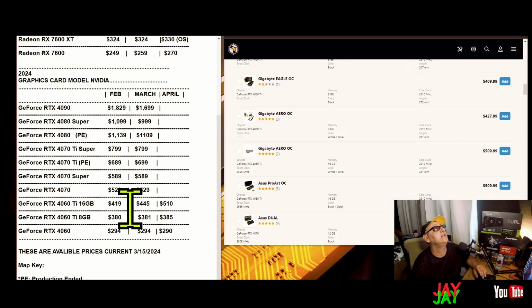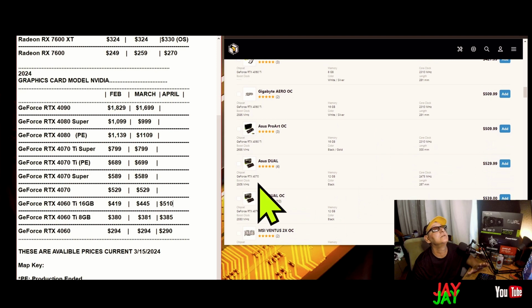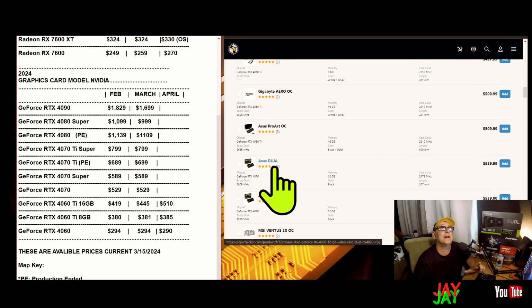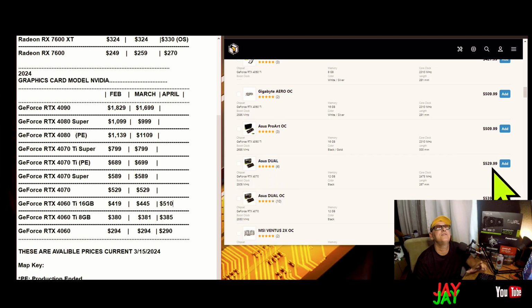Moving on, 4070. My favorite graphics card is the 4070, just to let you know. So here's the 4070 Asus Dual, which one I have. Is $530. I'm going to fix this and say 530.